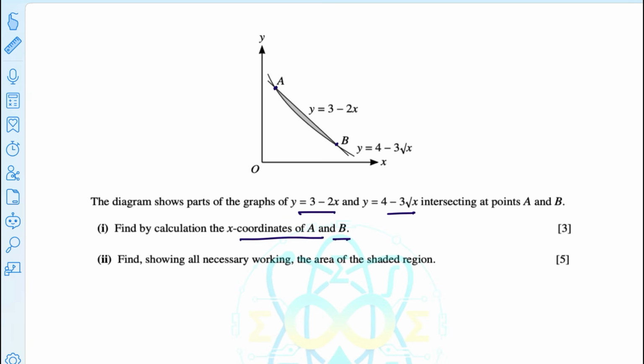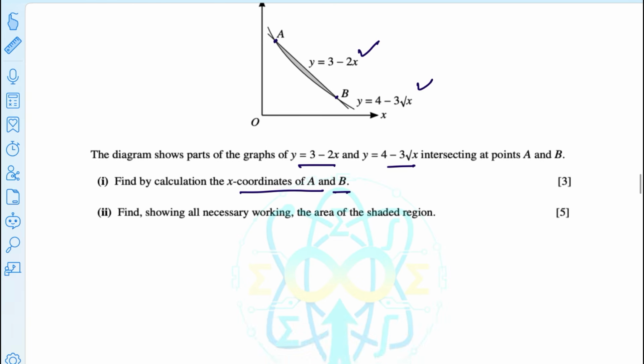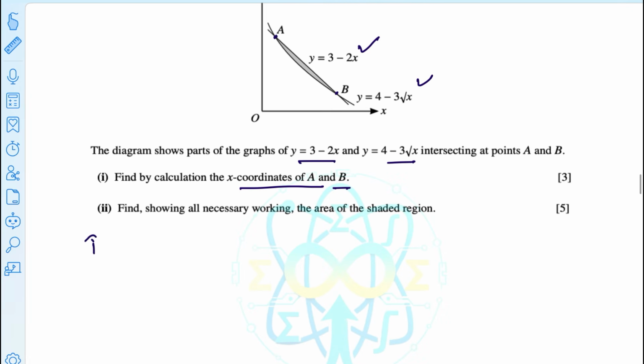We have to solve a simultaneous equation. We have y equals 3 minus 2x as the first one. If I make them equal, 3 minus 2x equals 4 minus 3 root x.